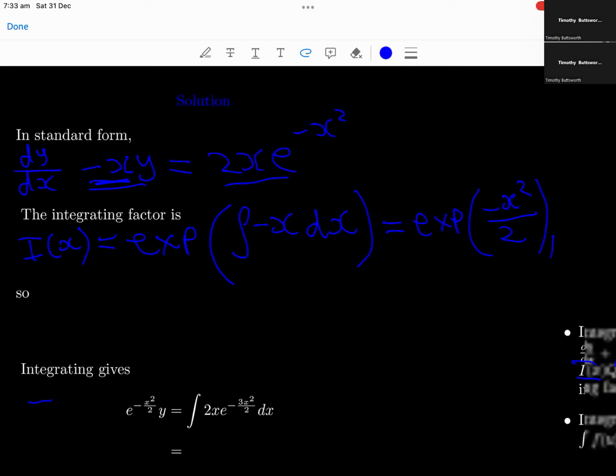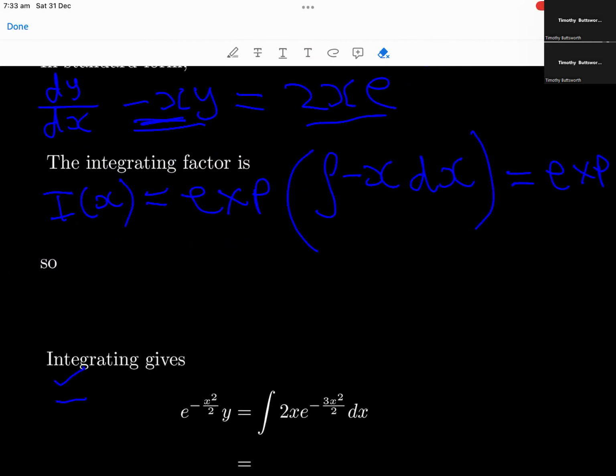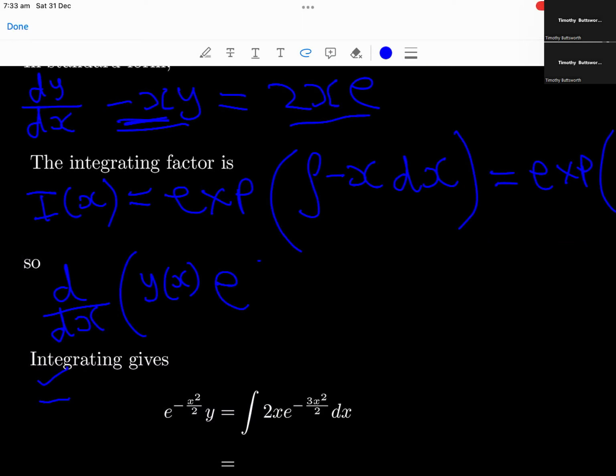Okay, now that we've found the integrating factor, our theory of the integrating factor method that we discussed over here tells us that we can write this equation as follows. d/dx of y times my integrating factor, and my integrating factor, which I found over here, e to the minus x squared on 2.